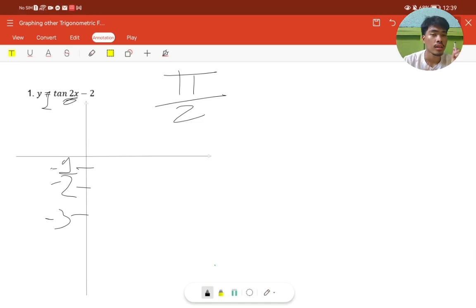It's a tangent graph, so it will climb from left to right. The graph crosses the center at negative 2.